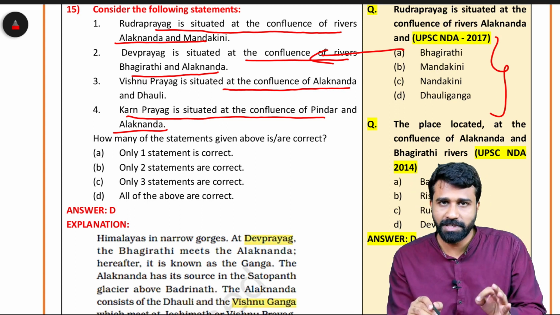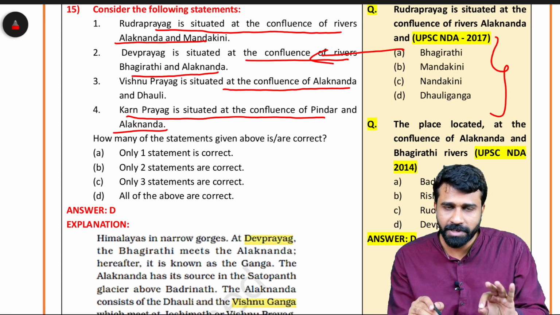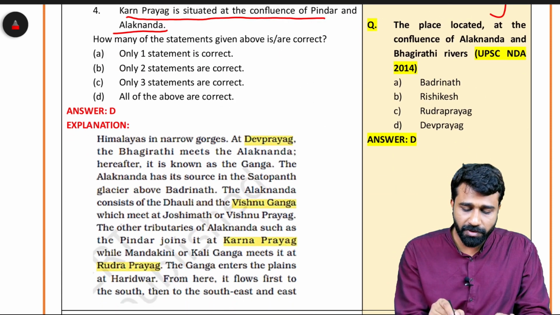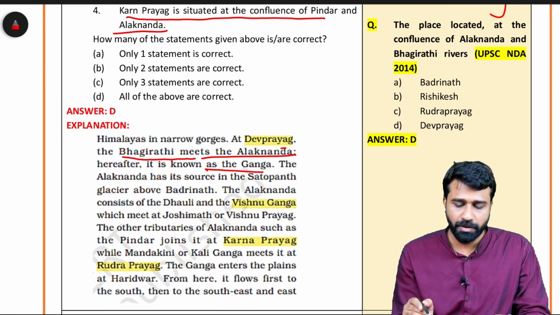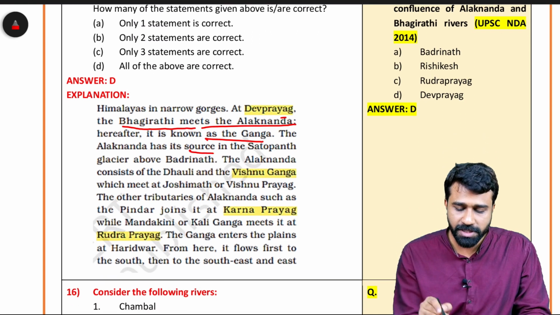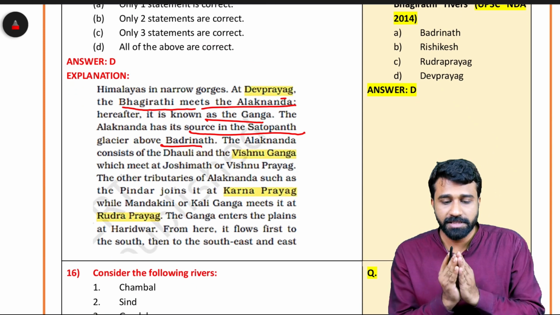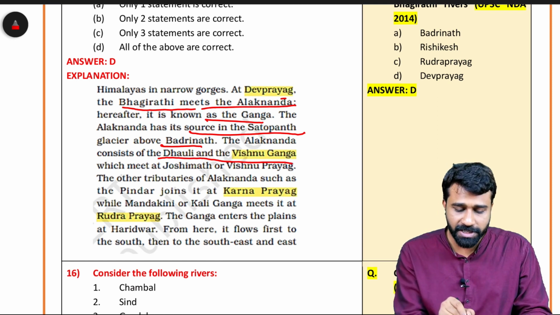And Ganga has tributaries Alakananda and Bhagirathi, and again these Alakananda and Bhagirathi have tributaries, and they have a certain genesis. At Devaprayag, the Bhagirathi meets Alakananda, forming the Ganga there. Alakananda has its source at the Satopanth glacier above Badrinath, and Alakananda consists of Dhauli and Vishnu Ganga, which meet at Joshimath, that is Vishnuprayag.